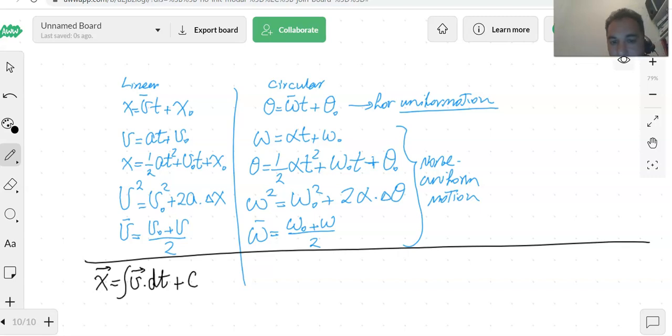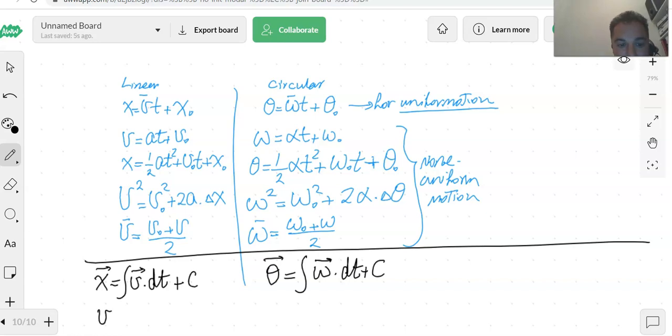So here, instead of x, theta equals the integral of omega dt plus a constant, okay? You have to use a boundary condition to find c.